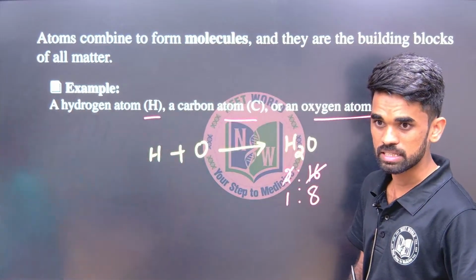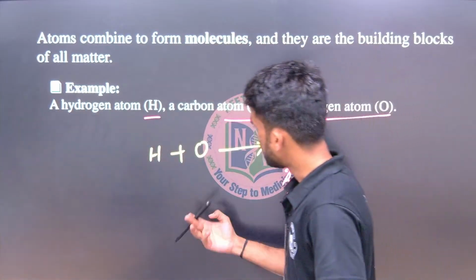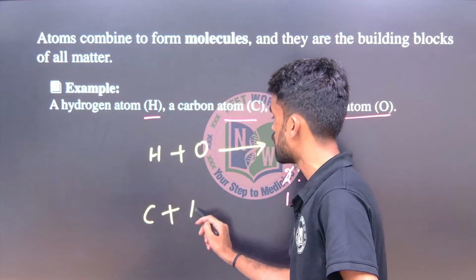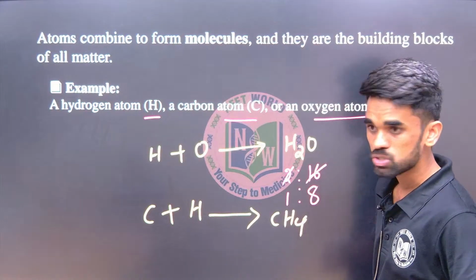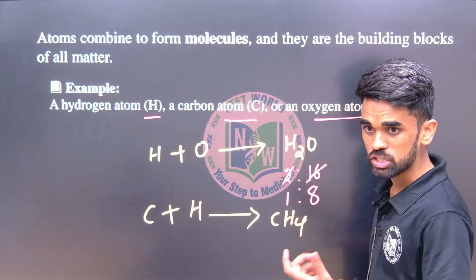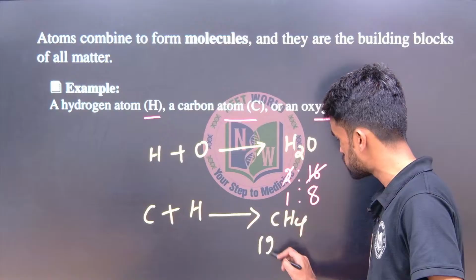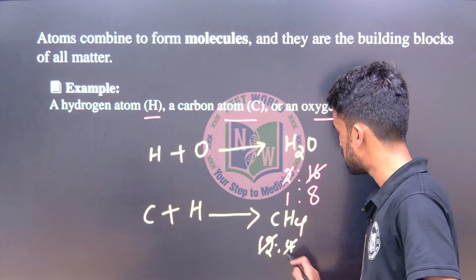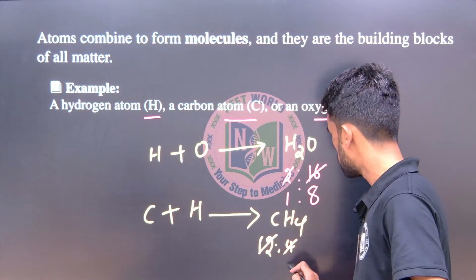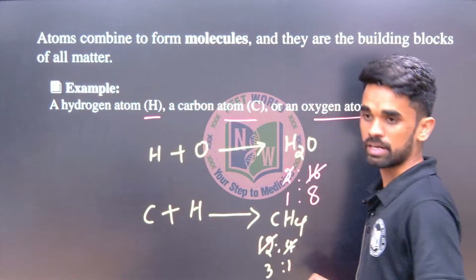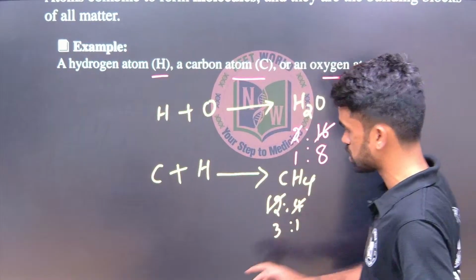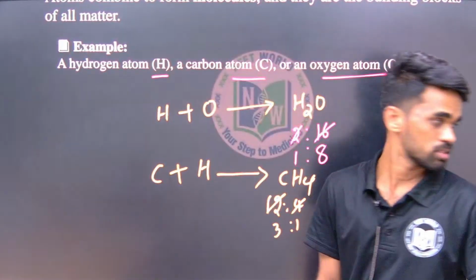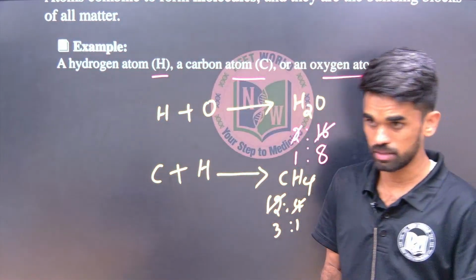Yesterday we discussed this. Next, when carbon and hydrogen combine we can expect to get methane. The ratio of their masses, I told you, is 12:4, which will be 3:1. So 3 parts of carbon to 1 part of hydrogen by mass. This is what you need to understand.